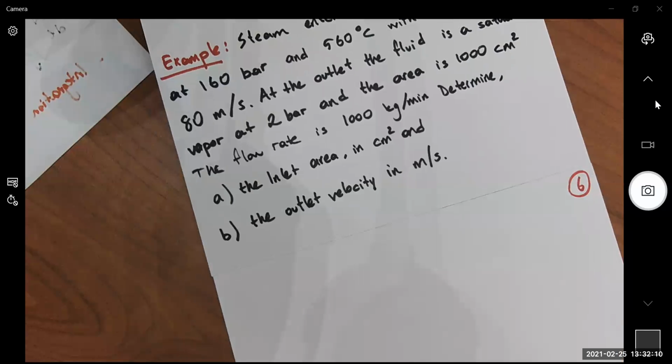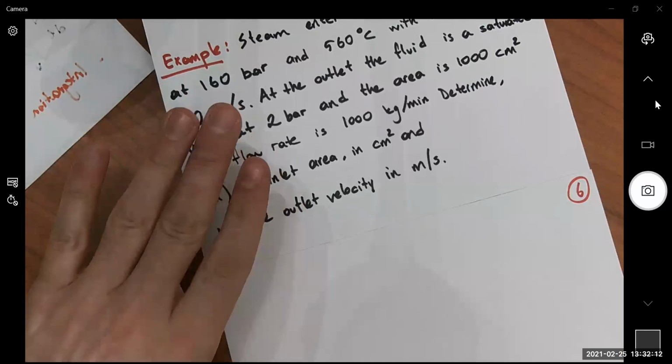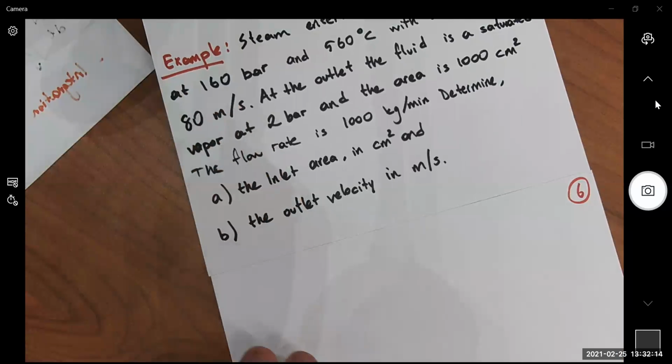Right. So what I have here is an open system. And I can tell from the problem statement it has one inlet and one outlet. It doesn't have to specify that it has one inlet or one outlet; I can understand that it has one inlet and one outlet.